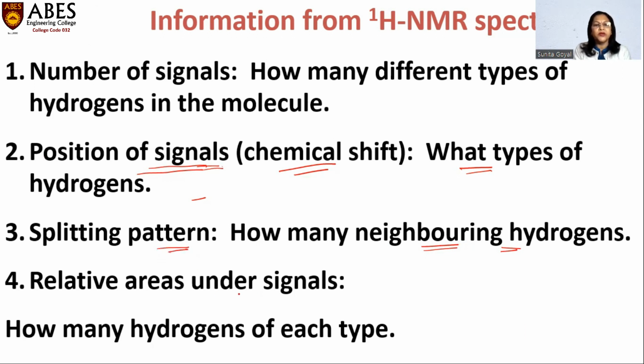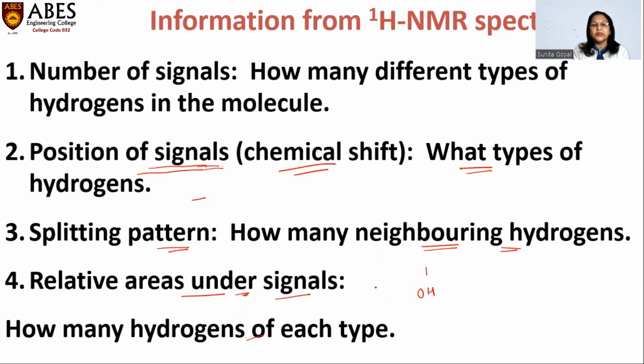And there will be different heights of the signals on the NMR spectrum. By knowing the relative areas under the signals, we can know how many protons of each type are there. For example, if an alcoholic proton OH is there, its signal will be 1.